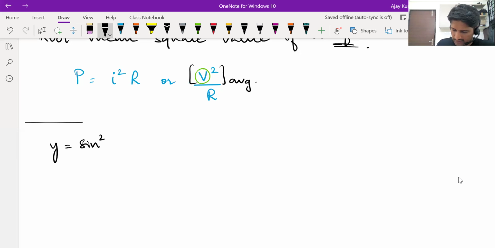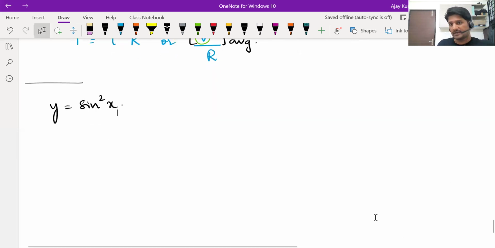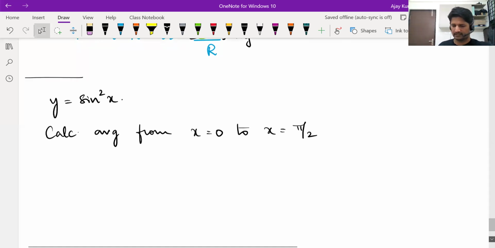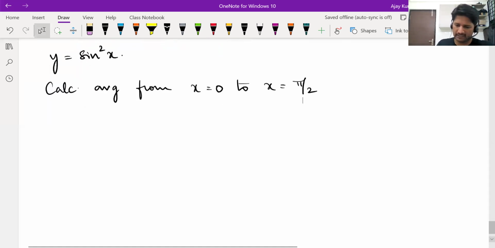Consider this function now, y is equal to sine square x. Calculate its average in one time period, or calculate the average from x is equal to 0 to x is equal to pi by 2. So it's the same idea, integral y dx divided by integral dx.